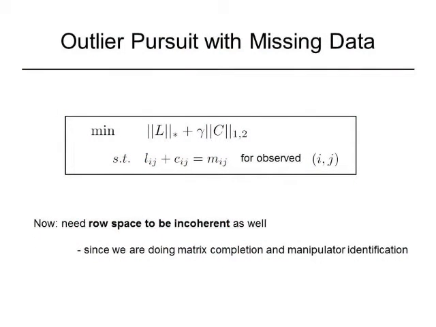And the formulation is almost the same as the previous one. I want to minimize the nuclear norm of the L matrix, and I want to minimize the L1,2 norm of the C matrix, subject to a constraint that for all the observed entries, because I don't observe all the entries, L_ij plus C_ij must equal my observation.